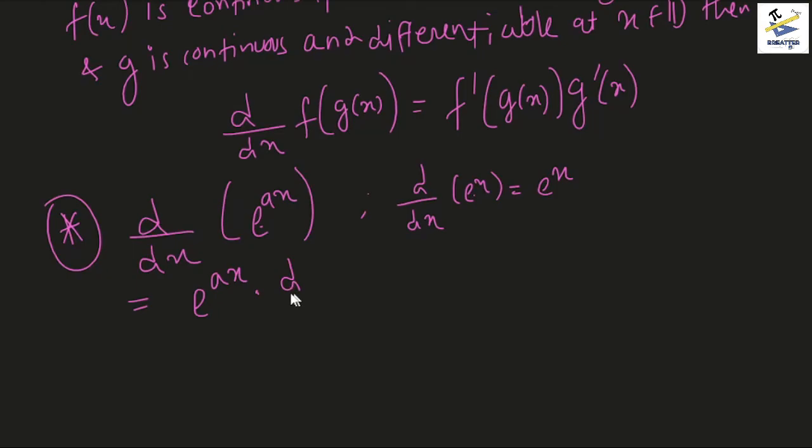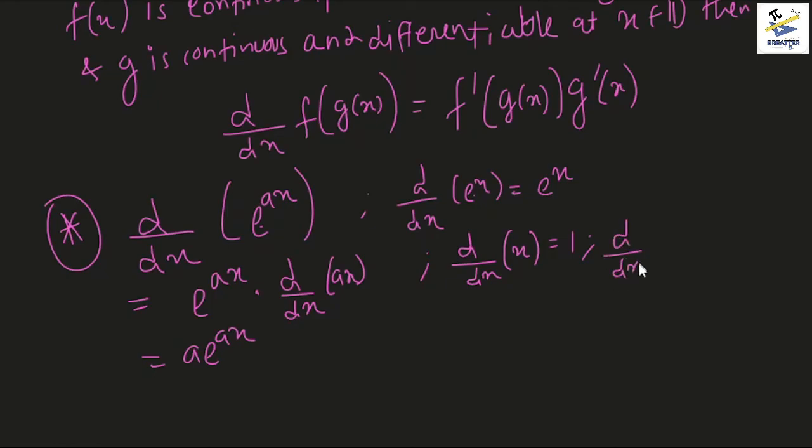So now it should be d/dx of ax, where a is just a constant, and when you do a times x, the d/dx of x is just 1 and the constant just comes out. So the answer becomes a into e to the power ax. This is because d/dx of x is just 1, and also d/dx of a constant c times any function f of x is just c times the derivative of the function. So the constant just remains multiplied throughout.